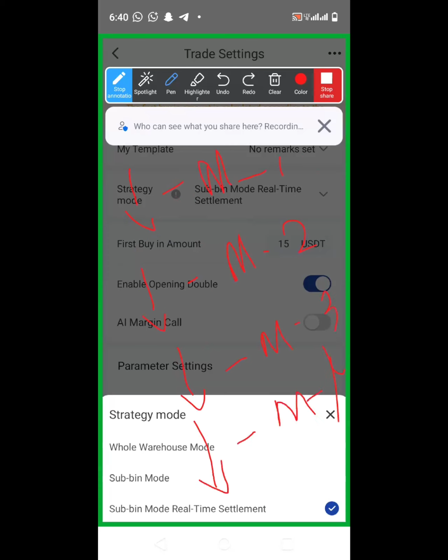Because the market is dropping, the robot will be using your remaining capital of this $43 to be buying the calls for you. So it's going to buy 4 times, and when it buys 4 times, it's going to sell it at once.